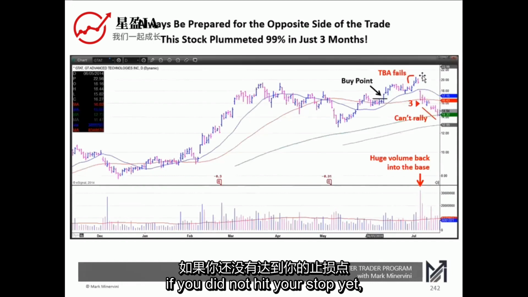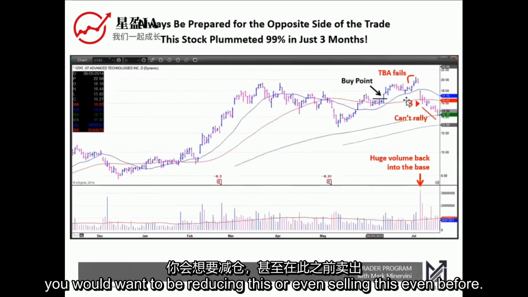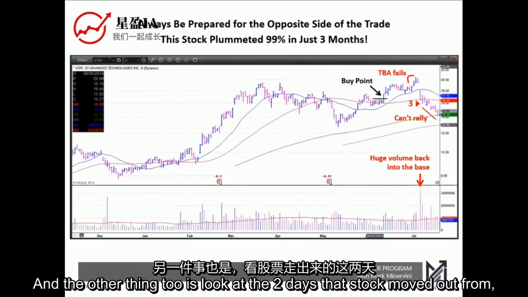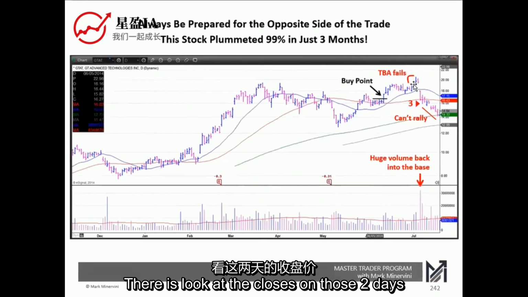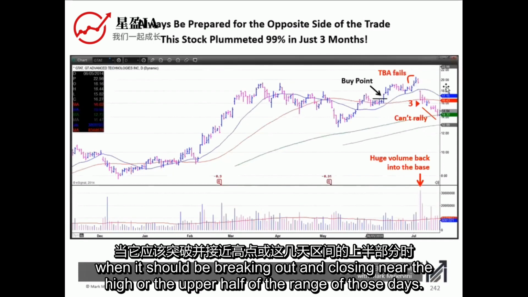If you did not hit your stop yet, you would want to be reducing this or even selling this even before. Yeah, and then the other thing too is look at the 2 days that stock moved out from. I guess it went through 19 and 20. Yeah, right there, look at the closes on those 2 days when it should be breaking out and closing near the high or the upper half of the range of those days.